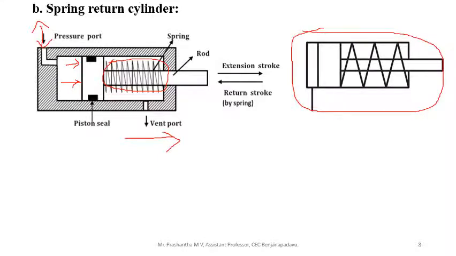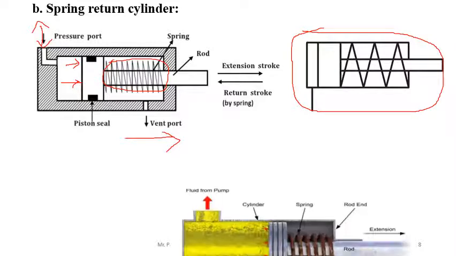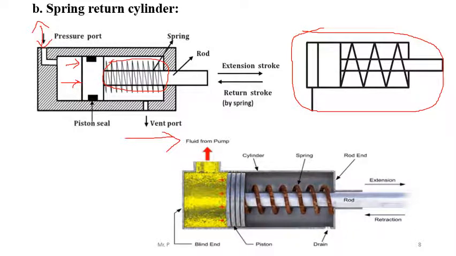The advantage of this spring return cylinder is we can keep it in any position, like horizontal position, vertical position, inverted positions, or inclined positions. In any angle we can keep this spring return cylinder. Look at the animation.